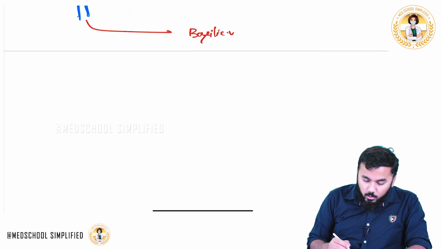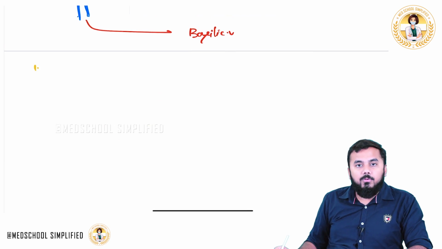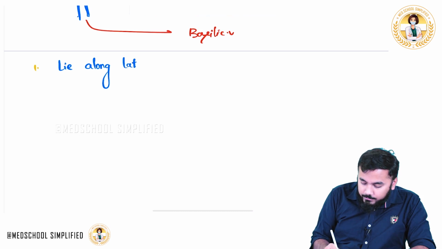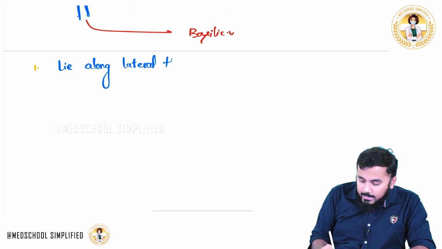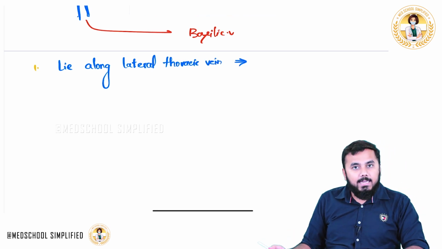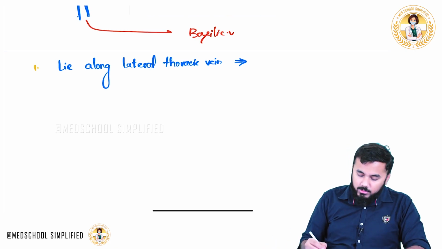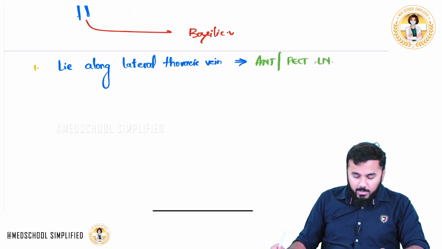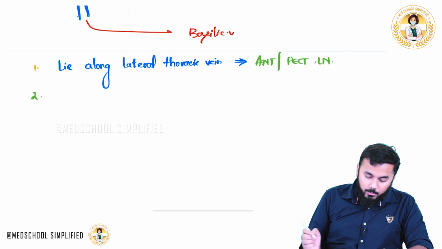So the first group of lymph nodes lie along the lateral thoracic vein, and these lymph nodes are called anterior or pectoral lymph nodes.